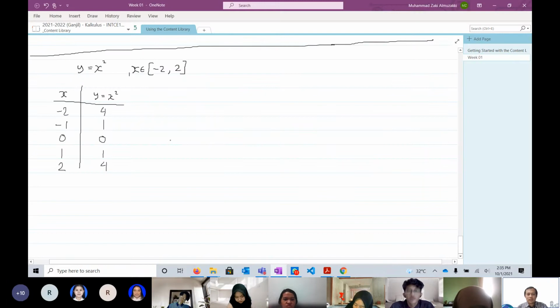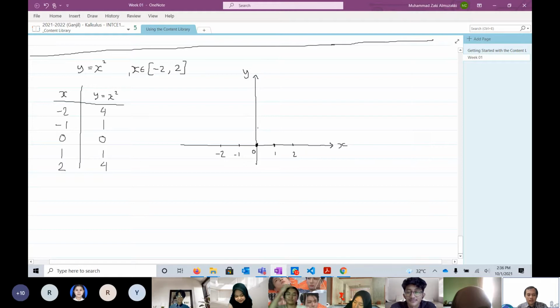Now the second step is to plot the points x comma y whose coordinates appear in the table. So we make a Cartesian plane like this. This is x and this is y, and we mark x equal to 0, x equal to 1, -1, x equal to -2, x equal to 2, and then y equal to 1, 2, 3, 4.